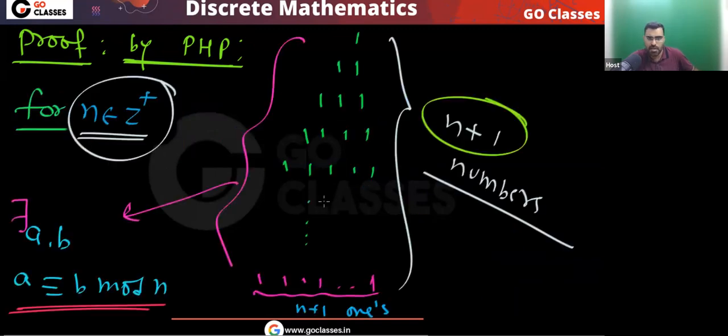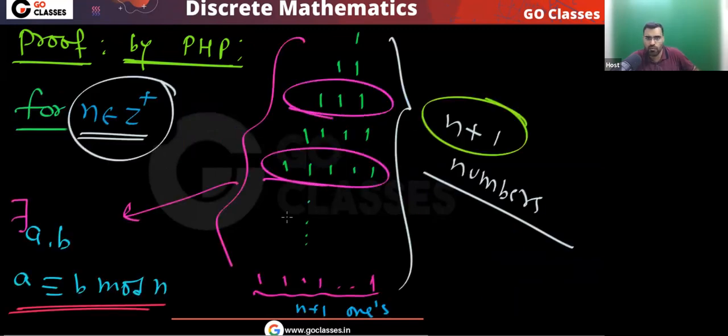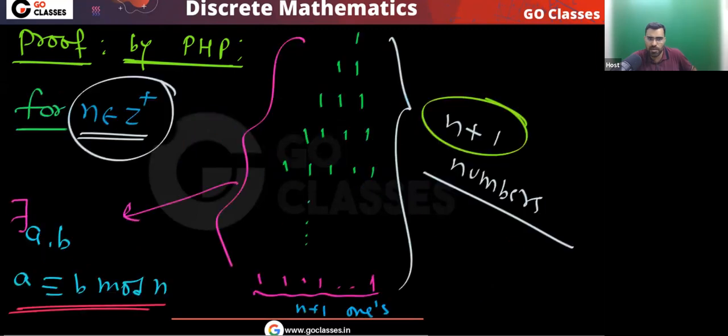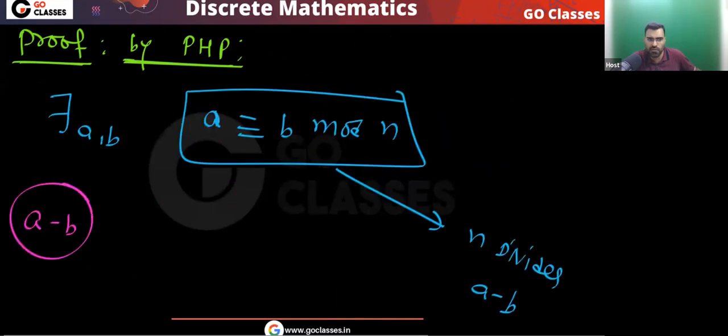And tell me, from this, if I remove this, the number I will get will contain 1s and 0s, right? What will a minus b be? For example, from this, if I remove this, then I will get a number which contains only 1s and 0s.